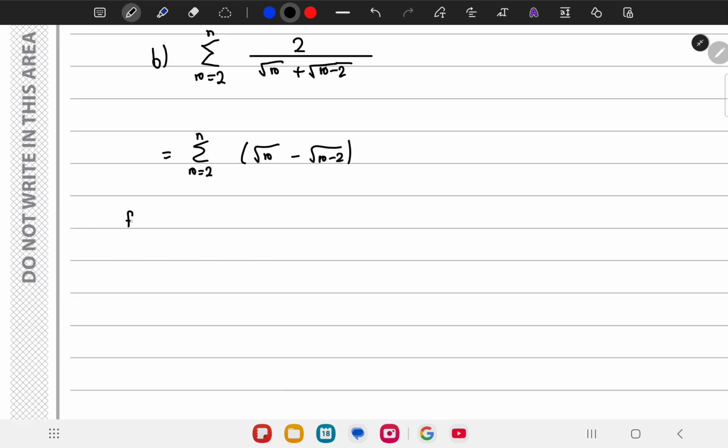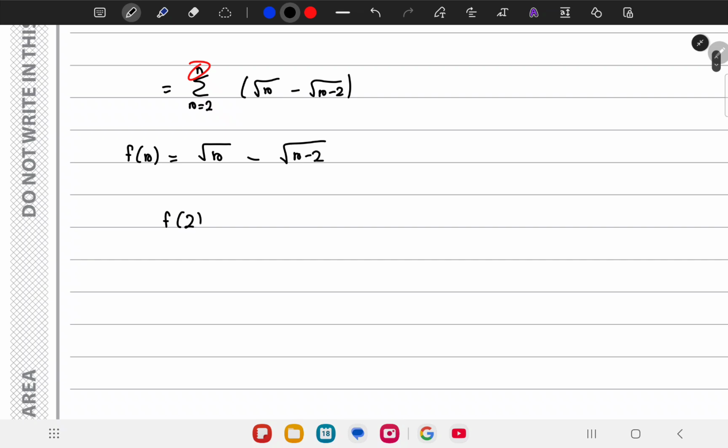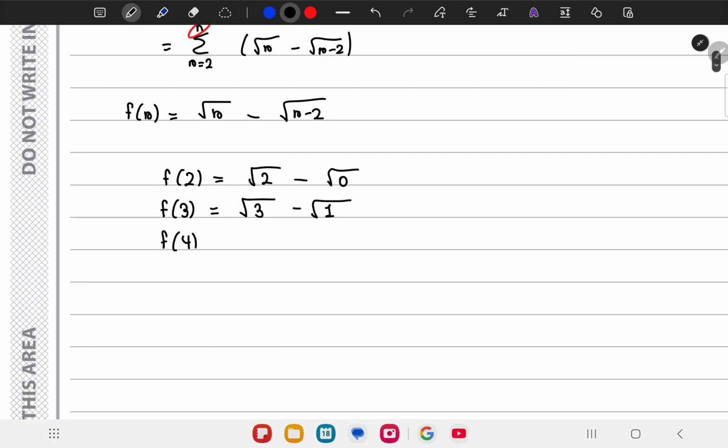Now if I take f of r equals root r minus root r minus 2, we start from 2 and go up to n. So f of 2 would be root 2 minus root 0. F of 3 would be root 3 minus root 3 minus 2, which is 1. Now we go to f4. This is root 4 minus root 4 minus 2, which is 2.